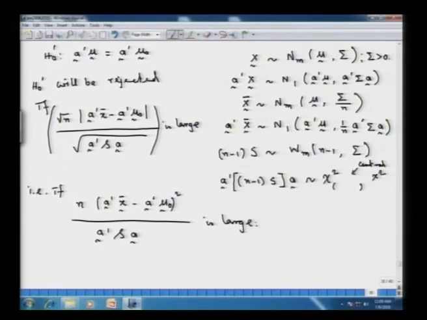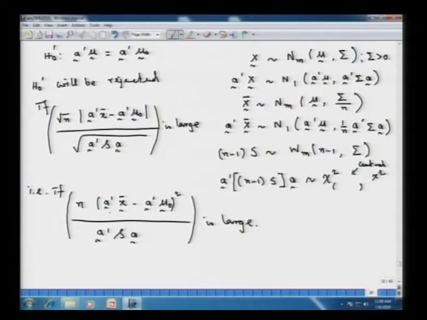Now, this is as far as rejection of this one single hypothesis H naught prime for a given A prime belonging to R to the power m. So, a large value of this particular quantity observed, based on x1, x2, ..., xn, is what is going to lead us to the rejection of H naught.